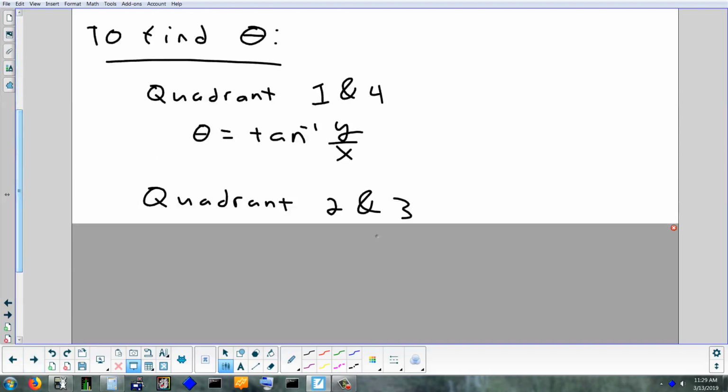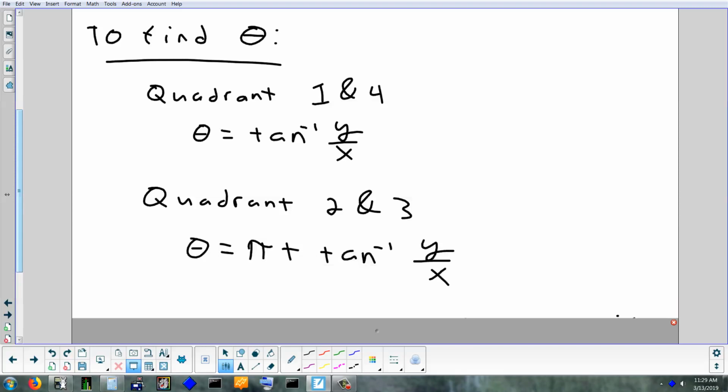But if you're in quadrants 2 and 3, you have to make a small adjustment to that. You still have to use inverse tangent of y over x, but you have to add 180 or pi to it. So later on, I had said it's going to be important to know what quadrant your complex number is in.